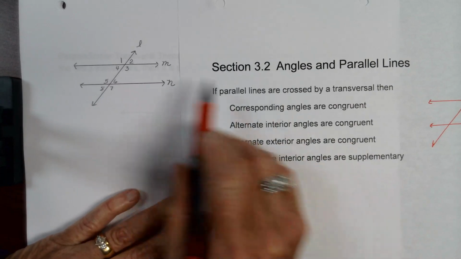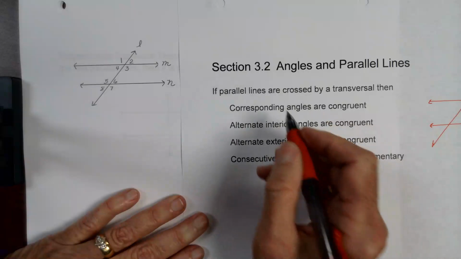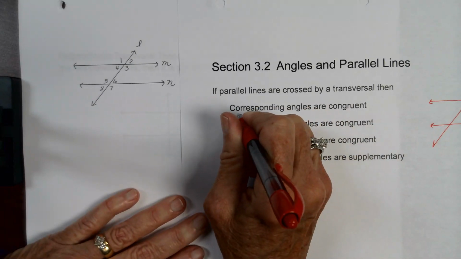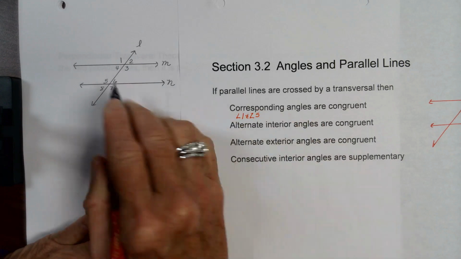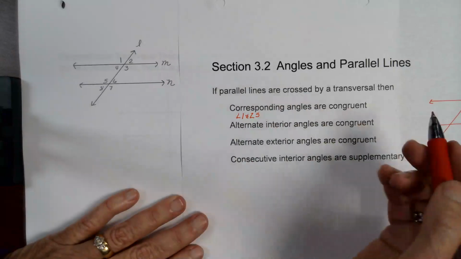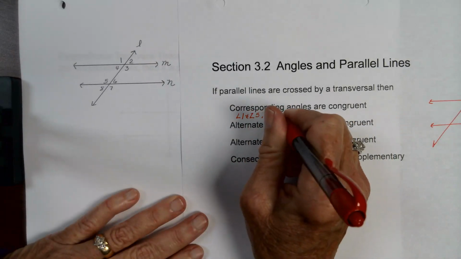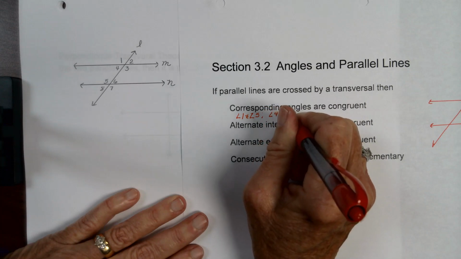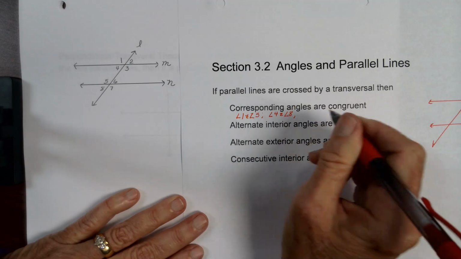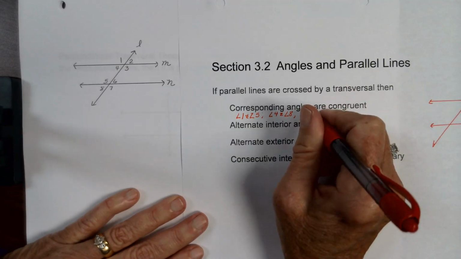Corresponding angles are congruent. So corresponding angles here, we would have angle 1 and angle 5. Now remember, they're only congruent if M and N are parallel. 4 and 8 would be congruent, which means they have the same measurement.